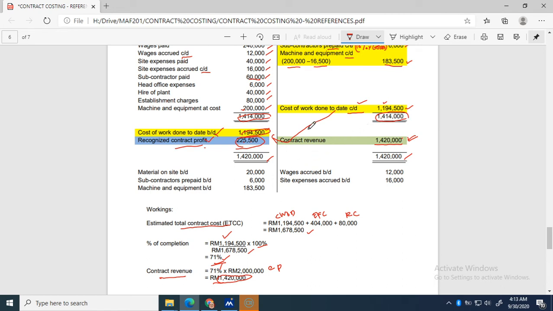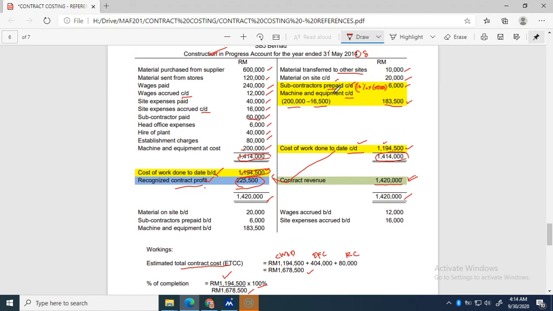So the third stage is to carry down all the balances. Carry down all the balances that you have. Material on site carried down. So material on site brought down. Subcon prepaid 6,000. Subcon prepaid brought down here 6,000. Machine and equipment carried down 180,500.